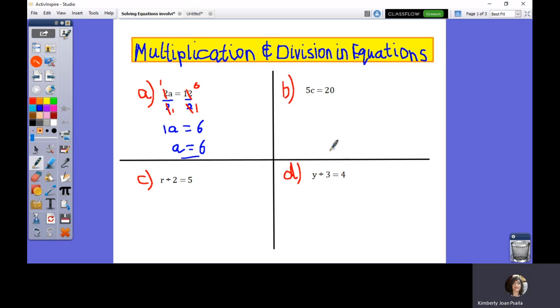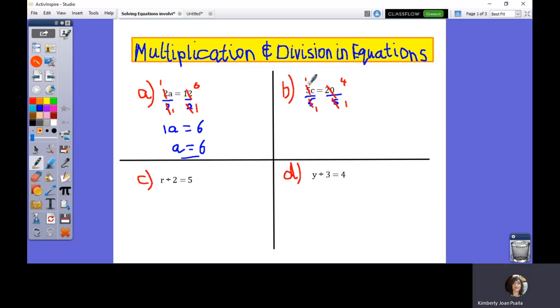Let's move on to B. We have 5c is equal to 20. In order to get rid of this 5, we have to divide by 5 on both sides to keep it balanced. Now, simplify 5 with 5. They leave us with 1 all over 1. 20 divided by 5 gives us 4, and 5 divided by 5 gives us 1.